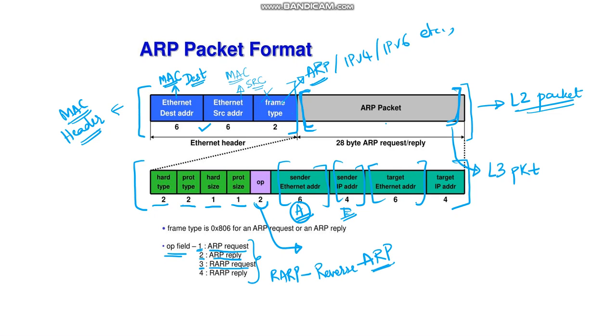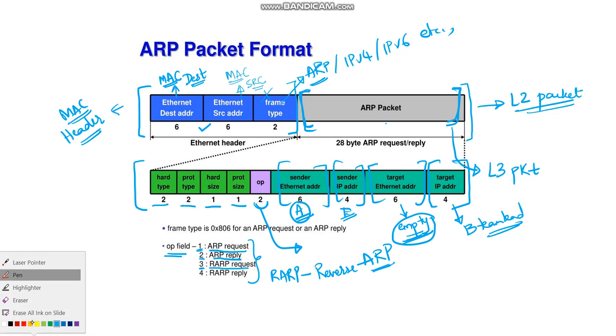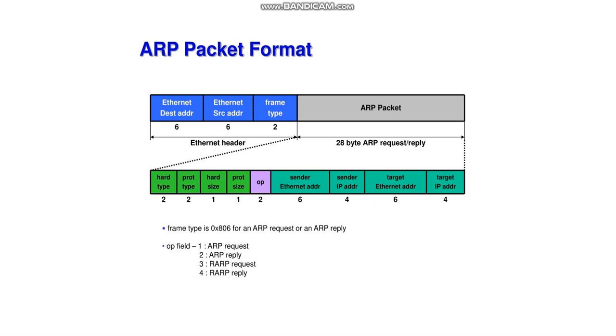Target Ethernet address will be empty and target IP address will be filled for B, which is the team lead as per the analogy we have taken. Now it wants to know the name or the hardware address of the host. So this was what we were looking at, the ARP request.